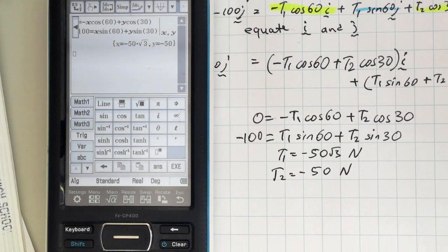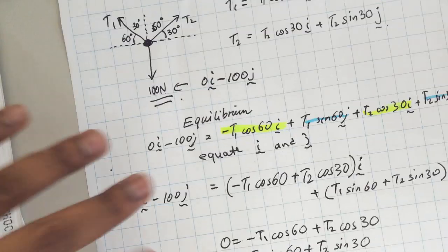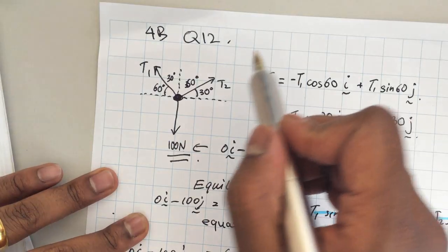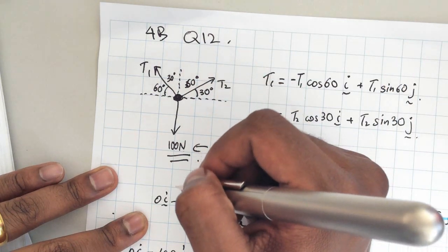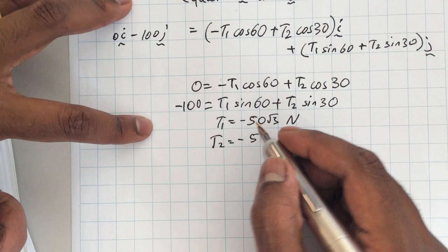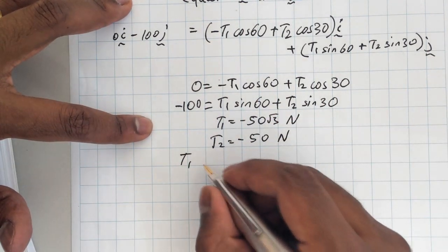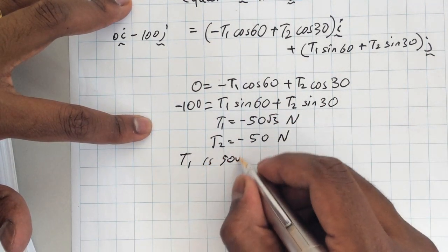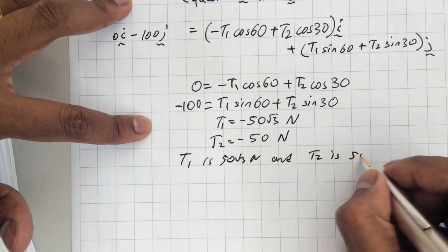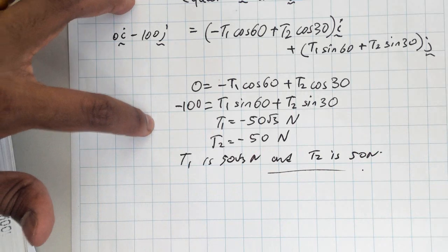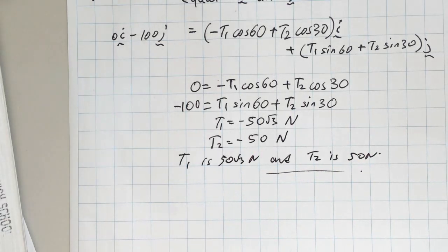So it's not actually negative, it's positive, because if you go back to your diagram, it's going in the positive direction, right? Or the negative of this 100. So you don't have to actually write the negatives in there. You can just write T1 is 50 root 3 newtons and T2 is 50 newtons. So it's negative of the 100, which is going the other way.